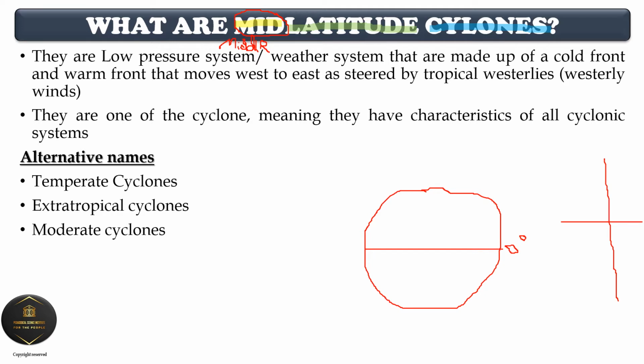This line is the equator and it cuts the Earth into two separate hemispheres. Those hemispheres are the northern hemisphere and the southern hemisphere.